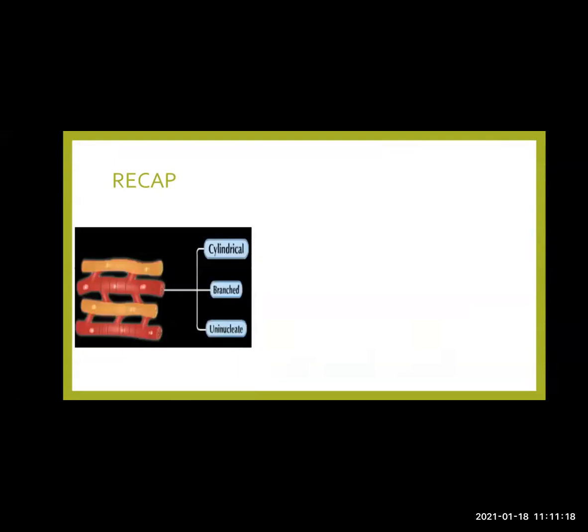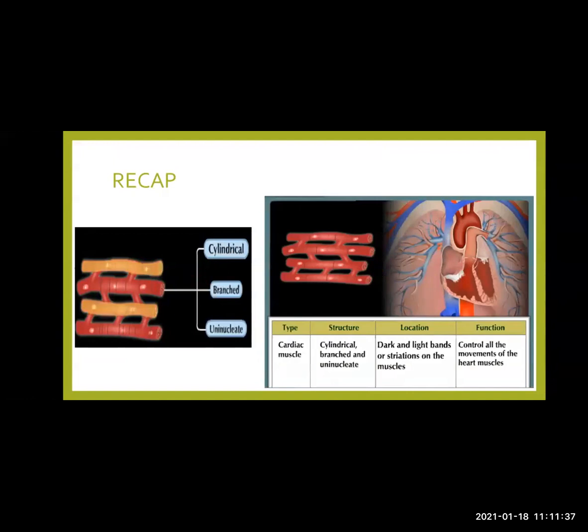The next type is cardiac muscle. This is actually a mixed type of muscle which is cylindrical, branched, and uninucleated. It is also known as striated as it shows dark and light bands. These are specially present in the wall of the heart. The entire heart is made up of cardiac muscle.